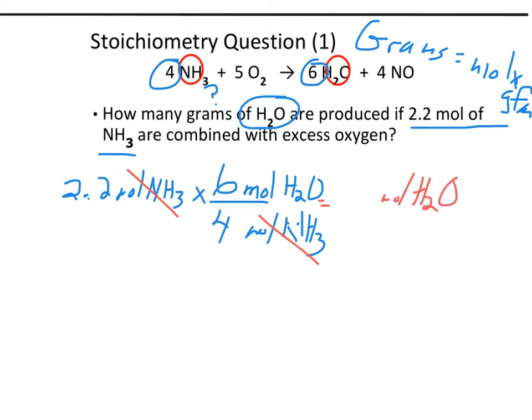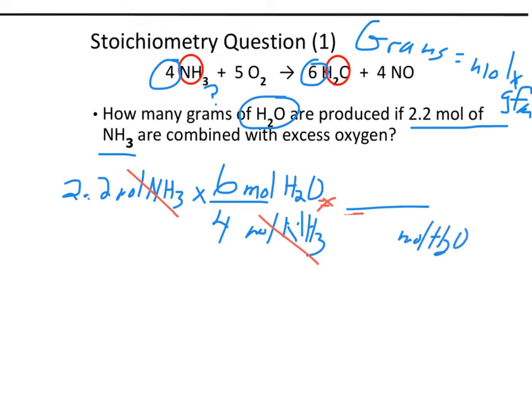But is that what we're looking for? Nope. We're looking for the grams of water. So to get those grams of water, I have to get rid of this mole of water.